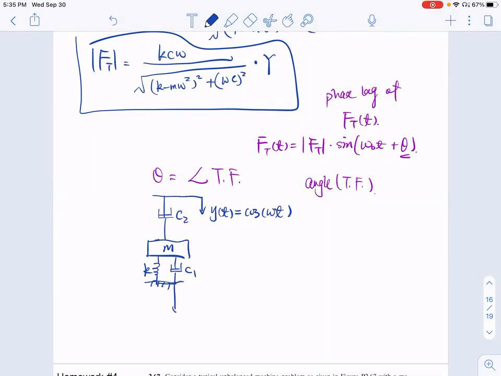How much force is transmitted to the base at steady state? What's the force amplitude transmitted to the ground at steady state?